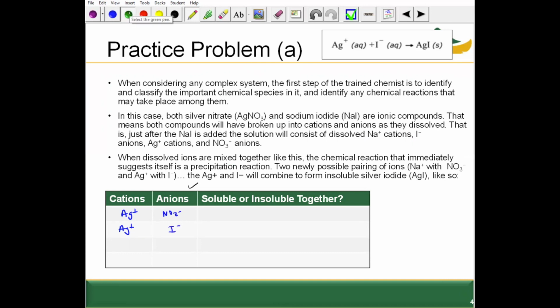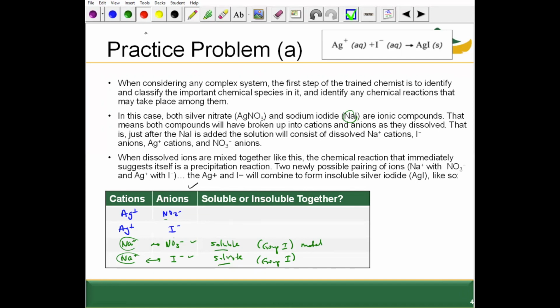Then for the other combinations, we also had sodium, Na+. That sodium could be combined with an anion of nitrate, NO3−, or I−. Now we'd look at our solubility rules and figure out whether these combinations are soluble or insoluble. Right away, sodium is always soluble because it's one of the group 1 metals, so sodium with any of these anions is going to be soluble.